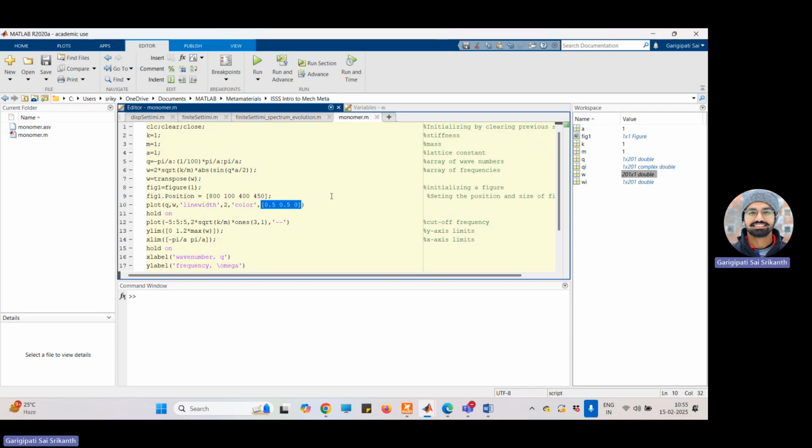So it's a skill. In fact, the more dispersion curves you look at, the more systems you analyze, the more you are able to connect the unit cell with the dispersion curve.